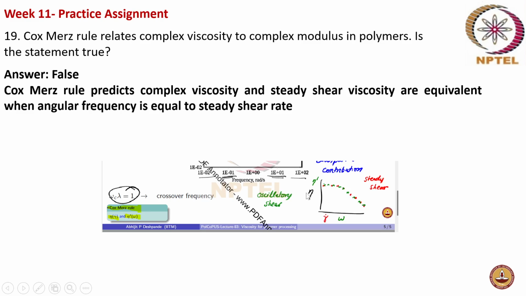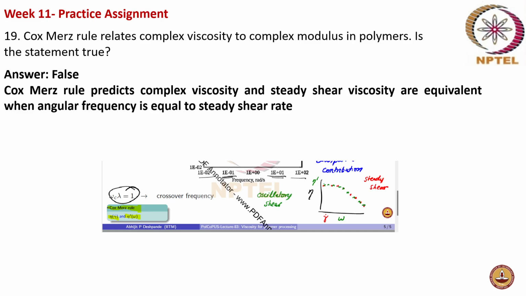You will plot that, and your complex viscosity, especially eta prime versus omega. If both eta versus gamma dot and eta prime versus omega fall on the same line, then the Cox-Merz rule is applied.